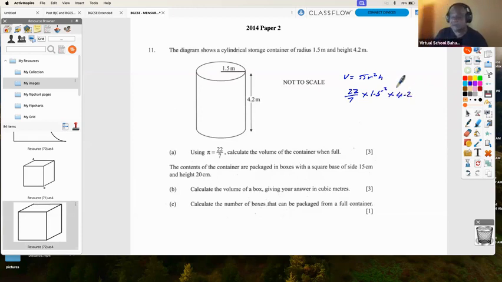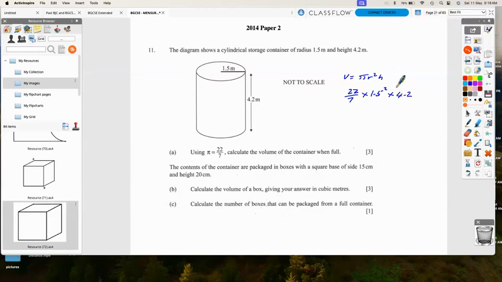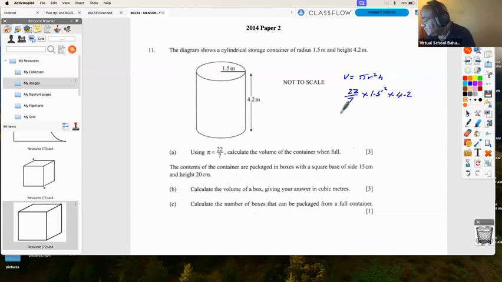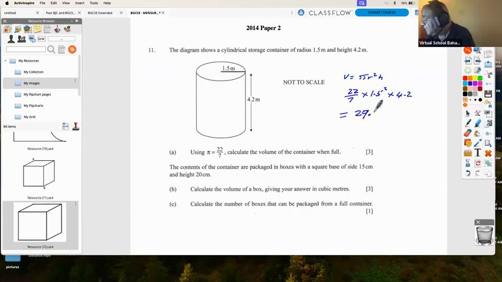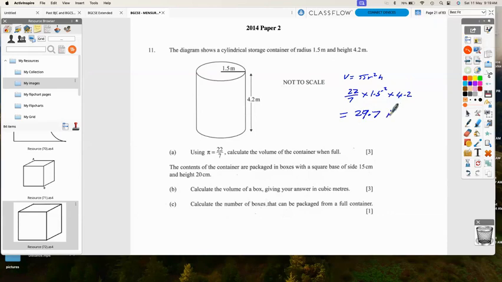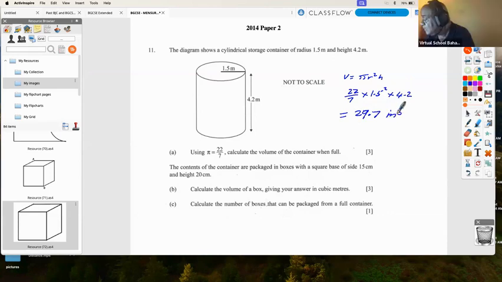Put that in your calculator and get it. I got 29.7. Anybody else get something different? I got 29.7 also. Okay, so I'll take that as right. So what is it? 29.7 meters cubed.